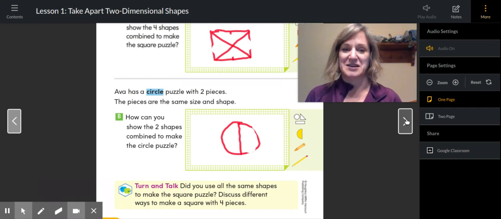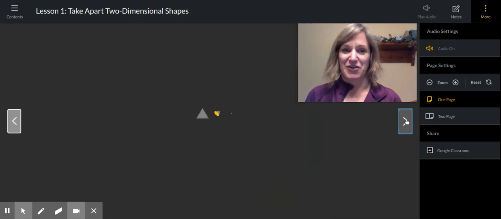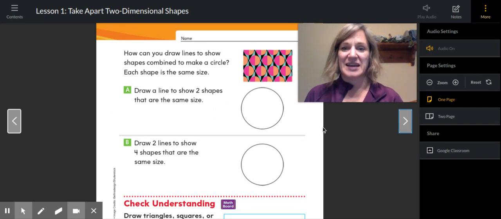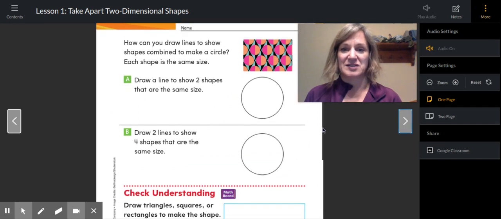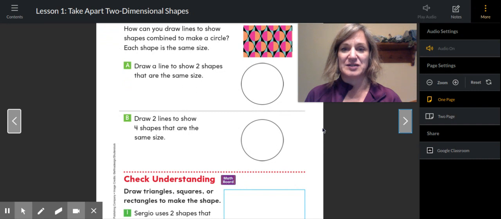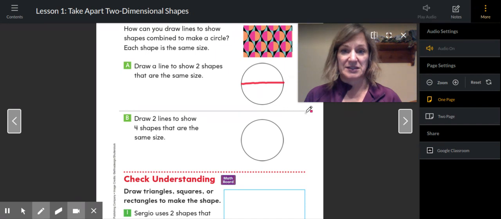You can discuss the part at the bottom with someone at your house. All right, how can you draw lines to show shapes combined to make circles? Each shape is the same size. All right, so I gave you a clue on that a minute ago. Draw a line to show 2 shapes that are the same size. So it has to go through the center of the circle. Could go this way, could go diagonally, could go up and down, but that divides it into 2 equal pieces, doesn't it?